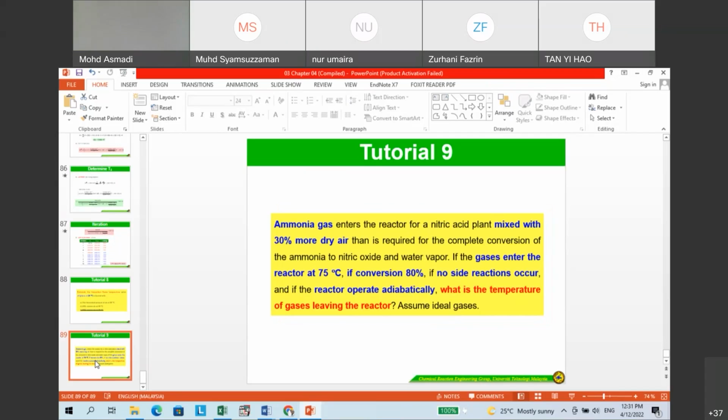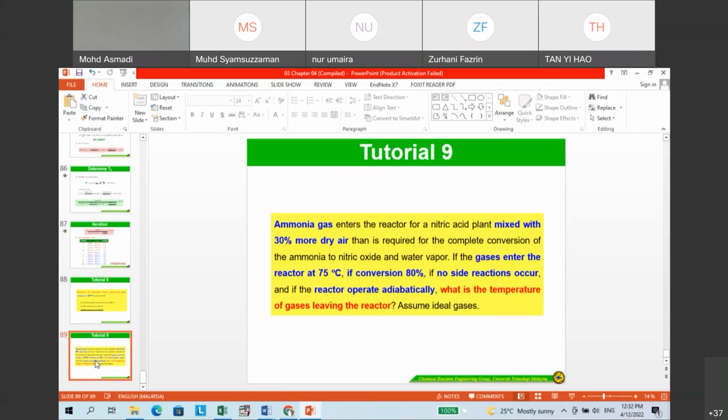Okay, if conversion is 80%, meaning that NH3, ammonia, only reacts 80%. Everything is converted 80%. Okay, understand? And then the rest is going to become part of the product also, because there's still 20% of the NH3.